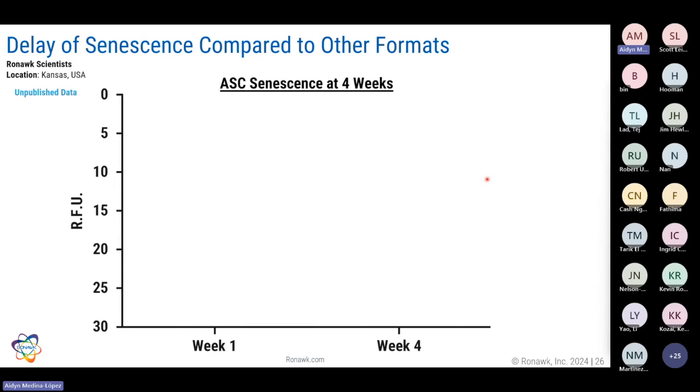Now, we did this with different culture environments. We cultured the cells in the bioblock and saw a minimal increase in senescence over time, while for the 2D culture, it is a significant increase in senescence over time.